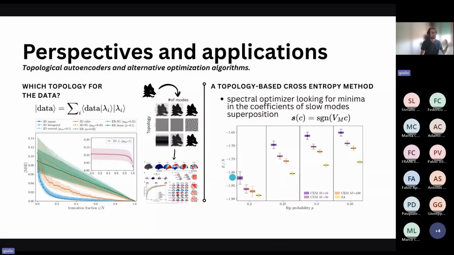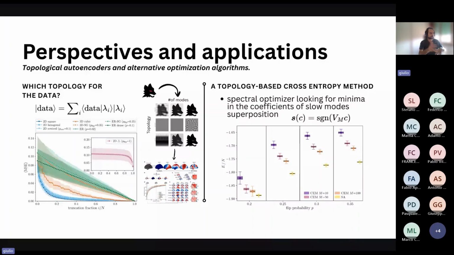So for example, you see that with M modes, you obtain a certain energy. With more modes and so on, you start scaling towards the simulated annealing benchmark. So with a purely topological shuffle of your coefficients in your Laplacian expansion, you are getting the minimum.